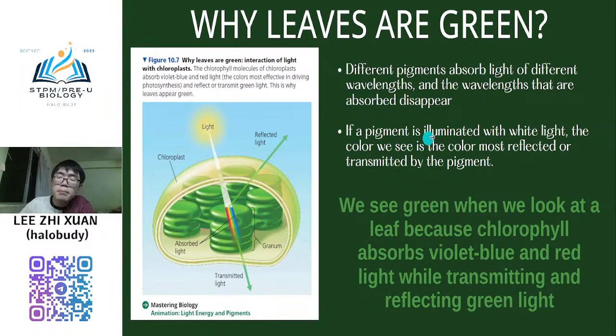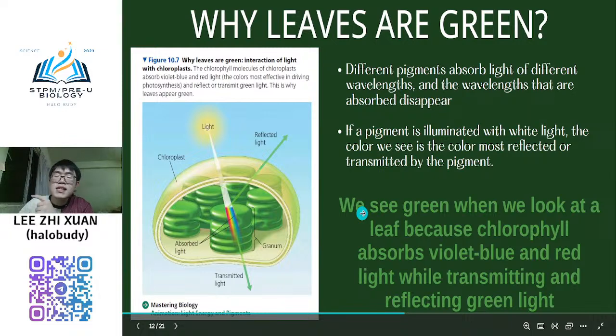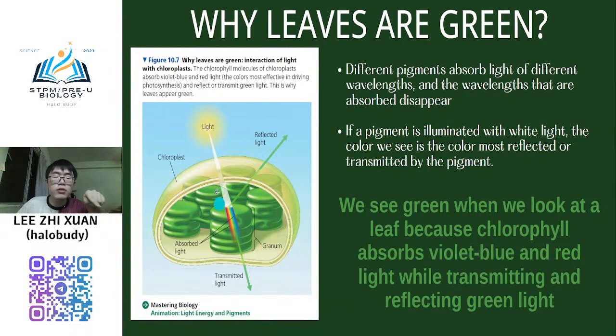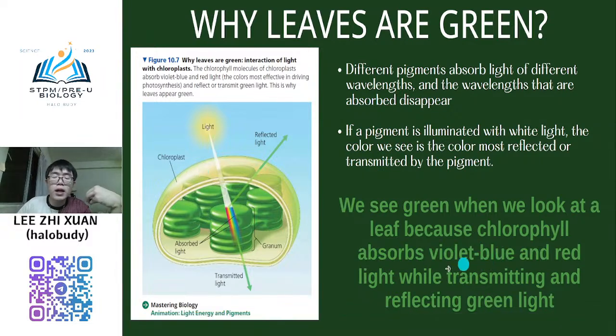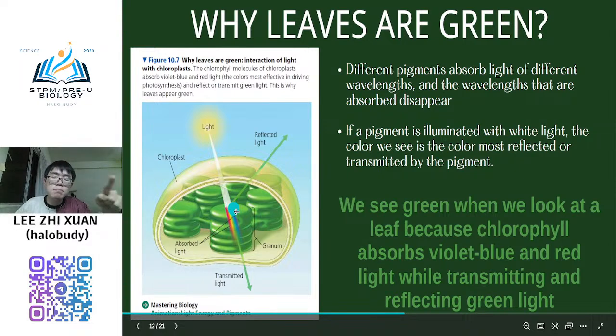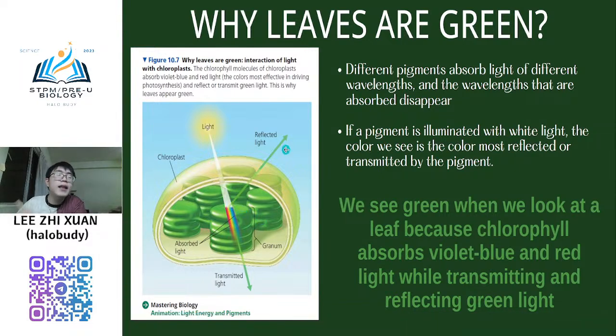If a pigment is illuminated with white light, the color we see is the color most reflected or transmitted by the pigment. This is the main reason we see green on the leaf: chlorophyll absorbs violet, blue, and red light, and then transmits and reflects the green light to us.